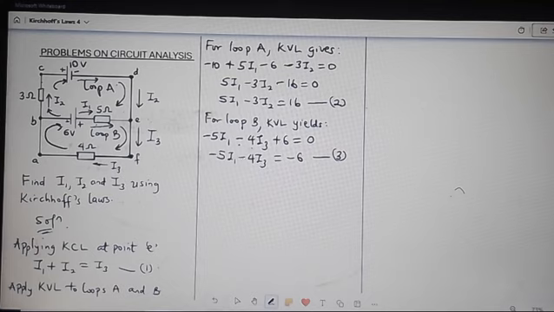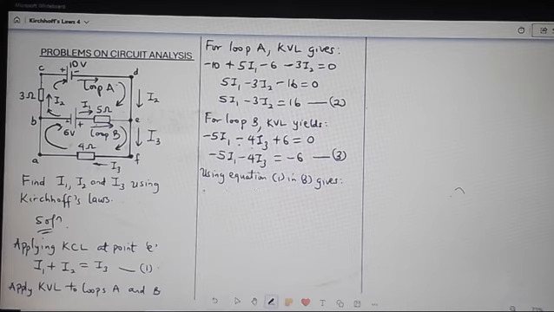But if we recall equation 1, we'll discover that I3 is equivalent to I2 plus I1. So we can substitute that into equation 3. So you can say using equation 1 in 3, in other words, substitute equation 1 into equation 3.